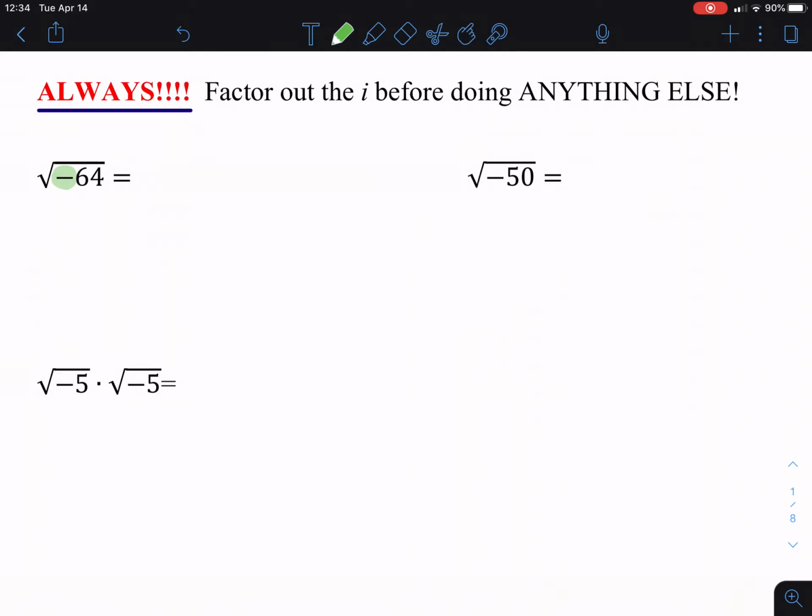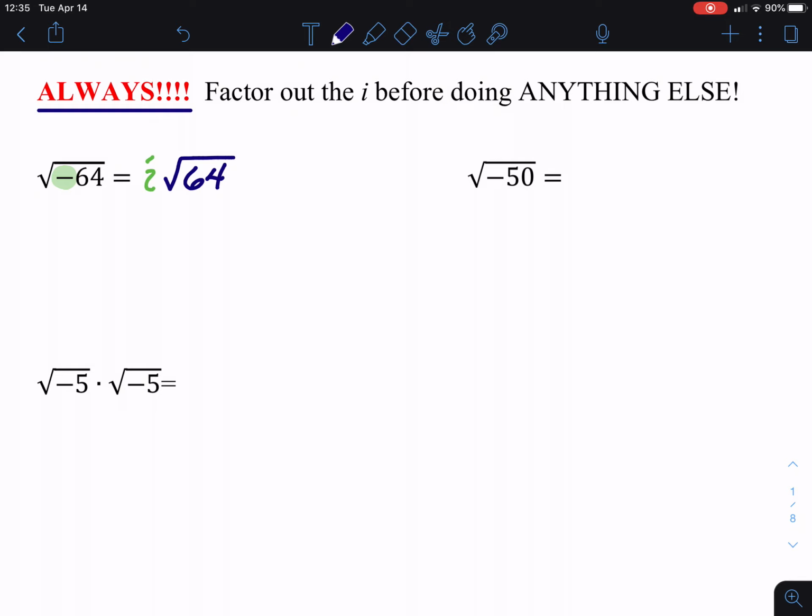When it comes out in front, it factors out as an i. So when I factor that out, what's left under the radical I can make positive. So i times the square root of 64.